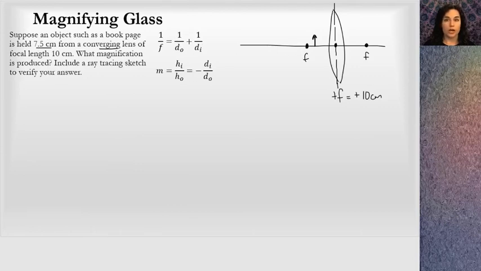So I'm going to draw the three principal rays for you in this situation. There's a ray that goes in parallel to the central axis. I'll put a line on that. And then, because it is a converging lens, that ray will go out through the focus.